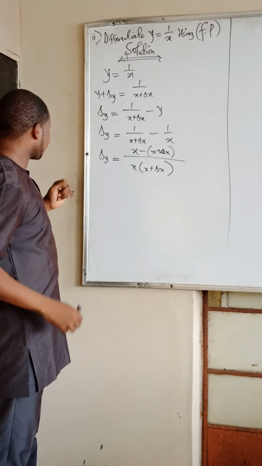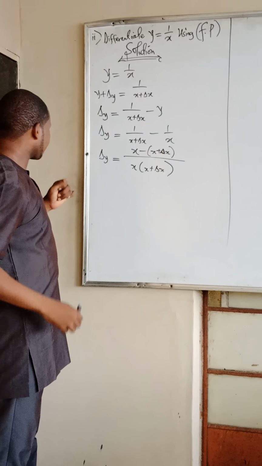Okay. So by virtue of this, we have change in y is equal to x minus, that is to say, minus times x gives us minus x. Minus times this. The minus is having effect on everything inside this bracket. Minus times x gives us minus x. Minus times change in x gives us minus change in x.